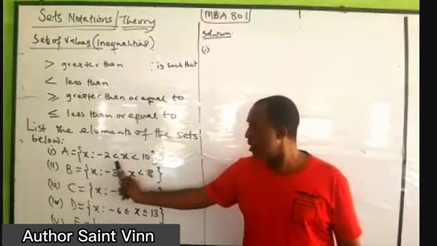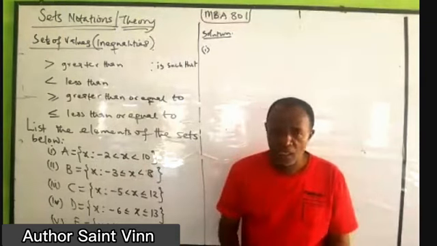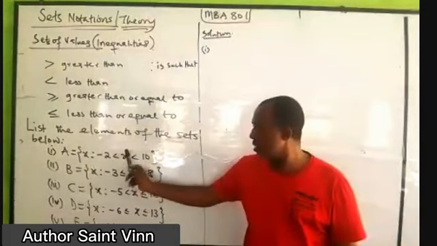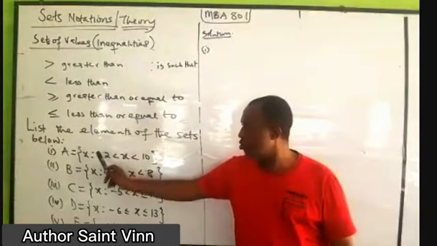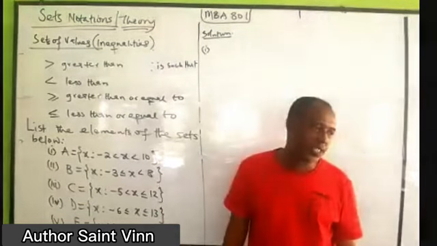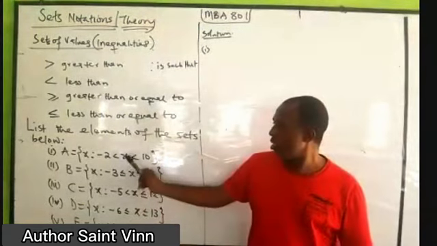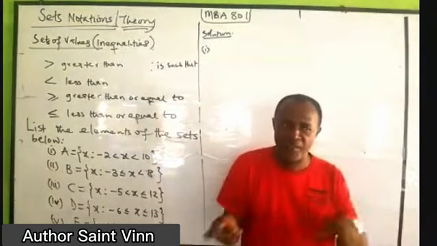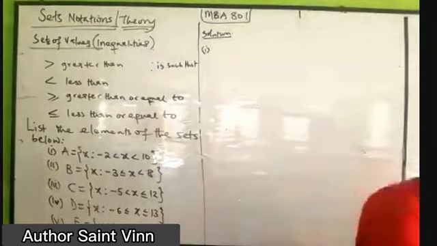To make sure x is at the left hand side of the inequality, you must interpret x is greater than minus 2, but less than 10. Always interpret it because x must be at the left hand side of the inequality sign.